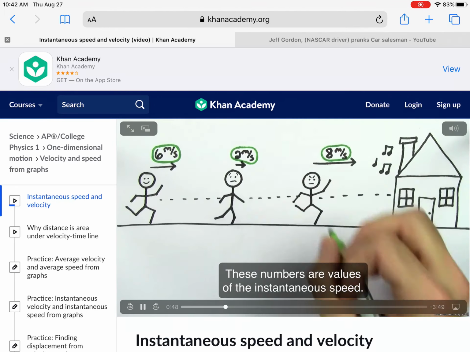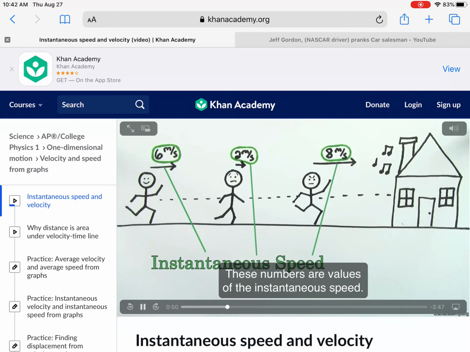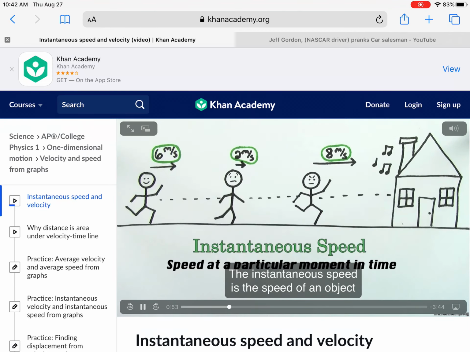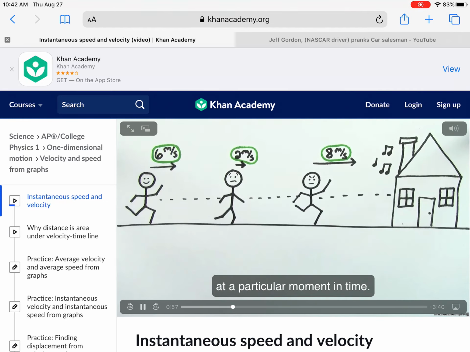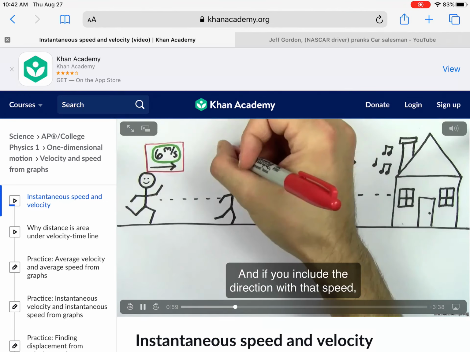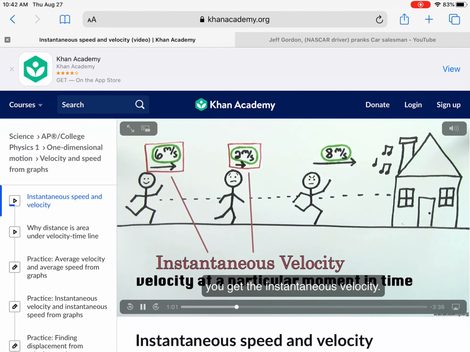These numbers are values of the instantaneous speed. The instantaneous speed is the speed of an object at a particular moment in time. And if you include the direction with that speed, you get the instantaneous velocity. In other words, remember, velocity and speed, their main difference is that velocity has direction.